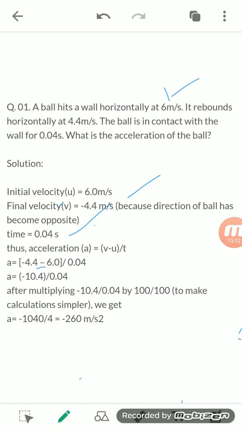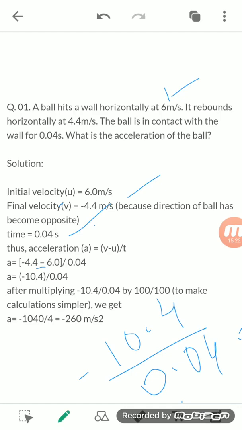So it will come minus 10.4 upon 0.04. After multiplying it by 100 by 100 to make the calculation simple, we get the value, and that value will be minus 260 meter per second square.